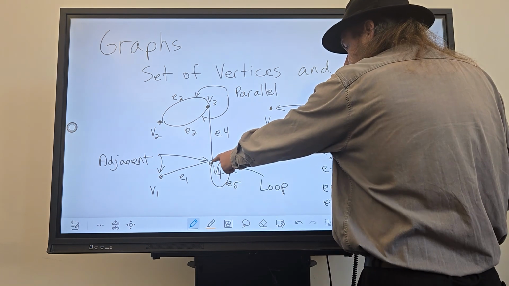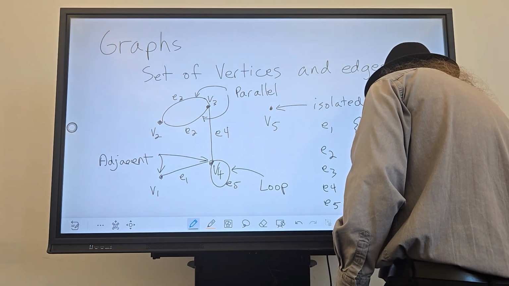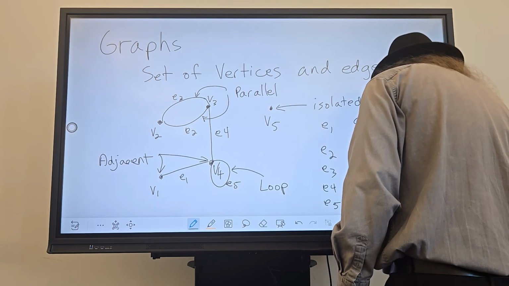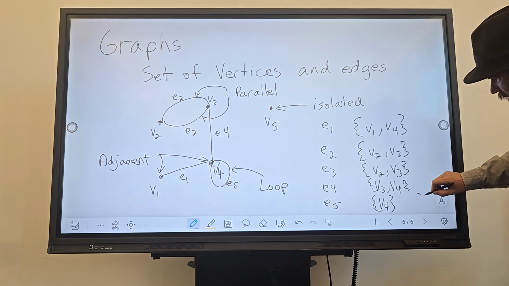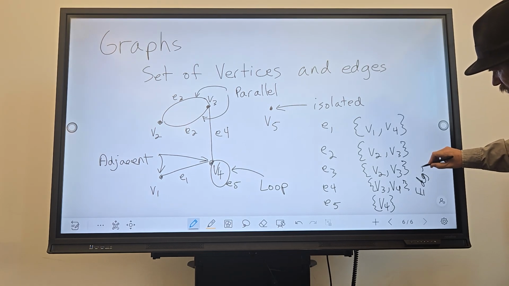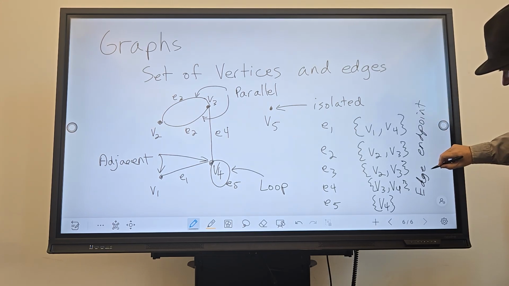And E5 just has one vertex, so it's just V4. So that's the edge-endpoint function.